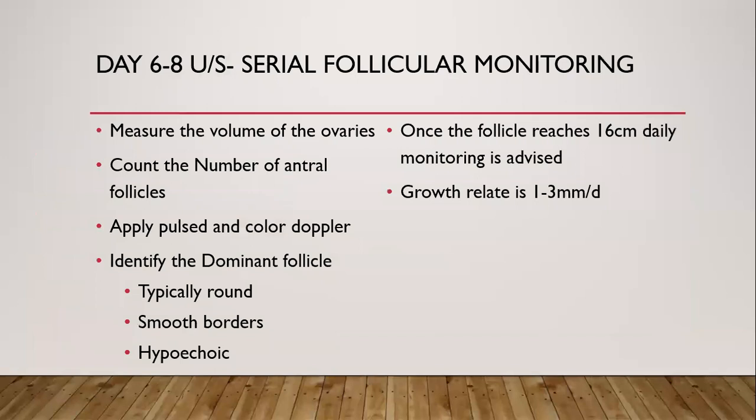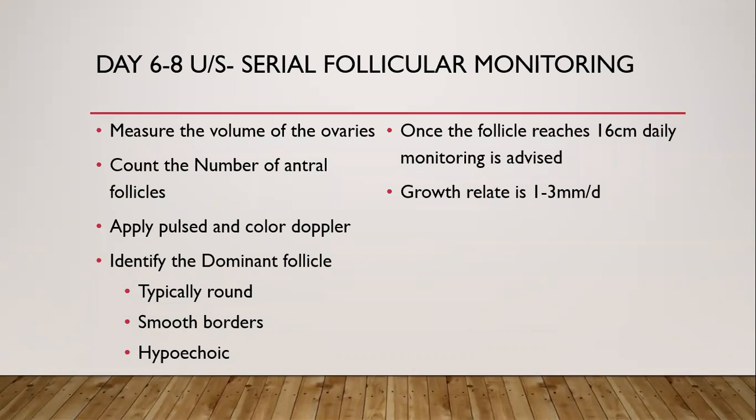For the serial scans, we begin between day 6 to 8. It can differ depending on the cycle of the patient, as well as other conditions associated with your own protocols as a hospital. So what do you do when you are doing your serial monitoring?